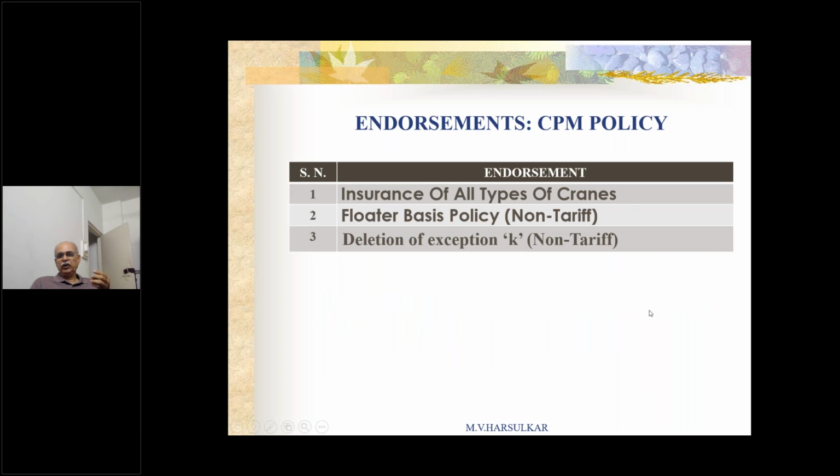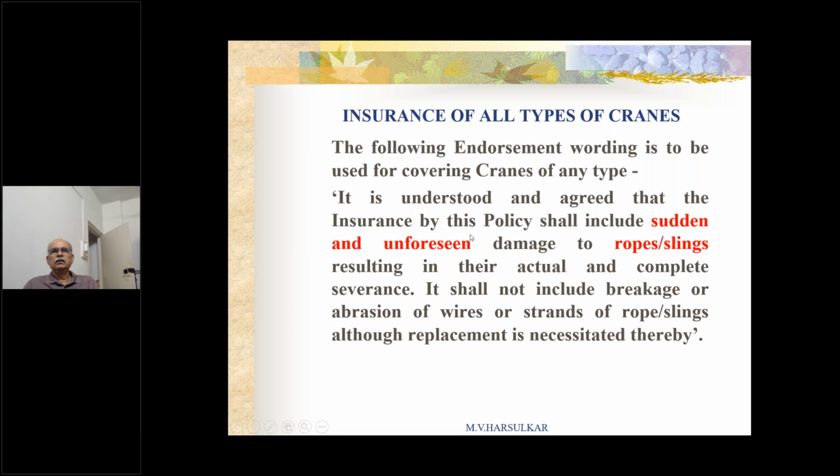Let's say CPM endorsement. In CPM, you have these three endorsements. Insurance of all types of claims, floater basis policy, deletion of exception K. All types of claims: it is understood and agreed that the insurance by this policy shall include sudden and unforeseen damage to ropes, slings, resulting in their actual and complete severance.